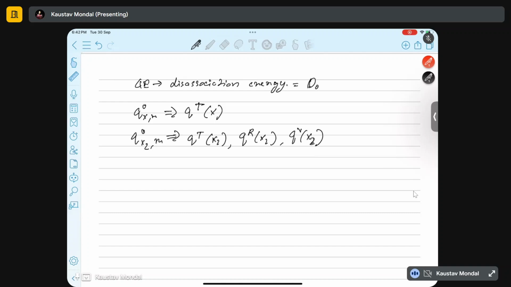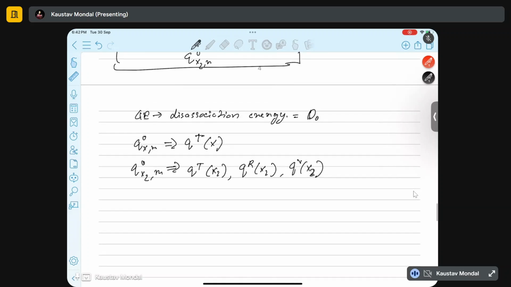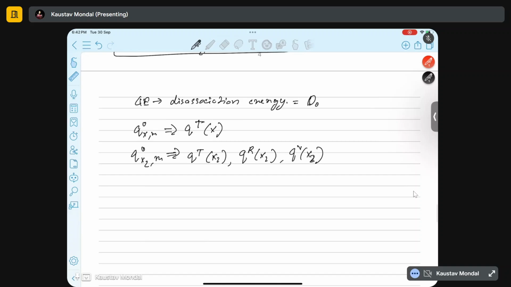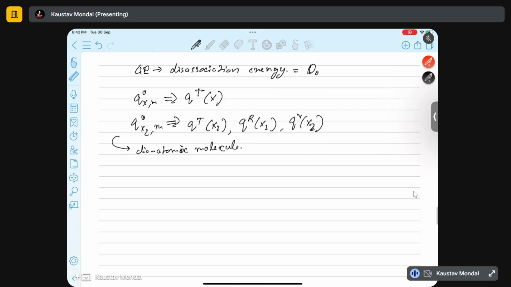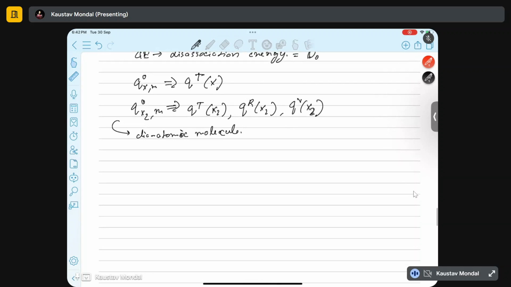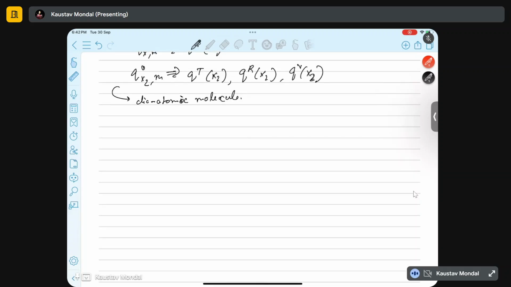For this discussion, let's not consider the electronic contribution, right? So let's take up the vibrational contribution. So these are the contributions that are possible for X2 since it's a diatomic molecule. So we have these three different types of partition function contribution, right?